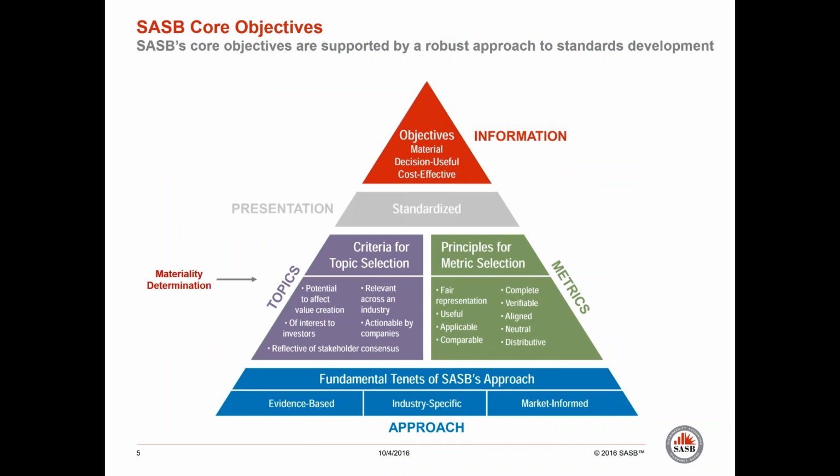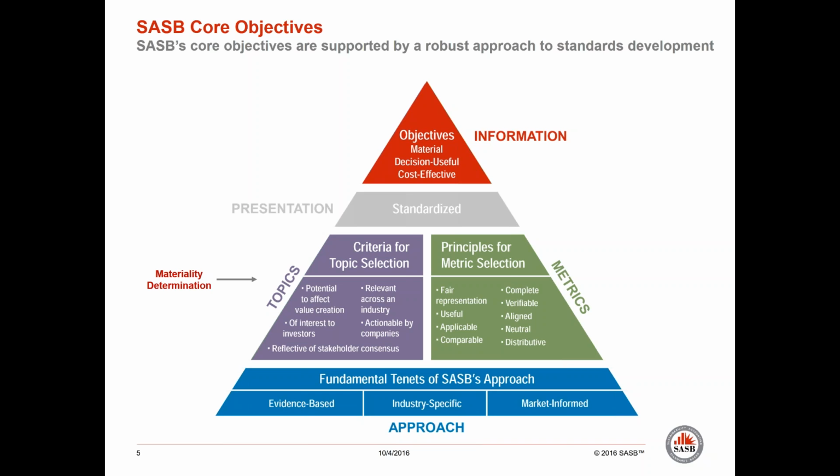Our standard setting process, looking at it from the top down, is designed to produce standards that are material, decision useful for investors, and cost effective for issuers to produce. We start with an approach that looks deeply at evidence, is based on industry specific factors, and is market informed from an investor point of view. We filter this through topics that look across different areas of sustainability issues.